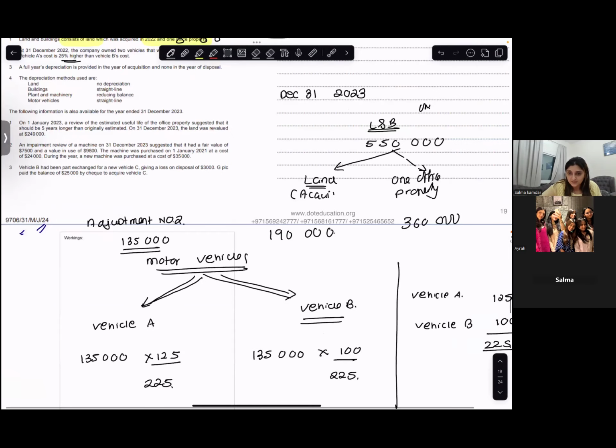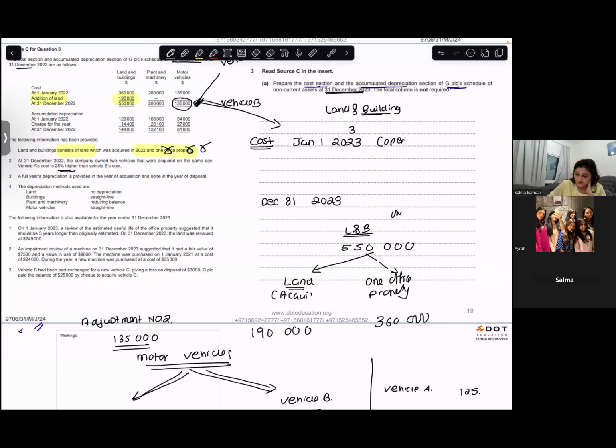Just a minute. Try to read the third adjustment. A full year's depreciation is provided in the year of acquisition and none in the year of disposal. Land has no depreciation. Motor vehicle was there on the opening date, it is there on the closing date.